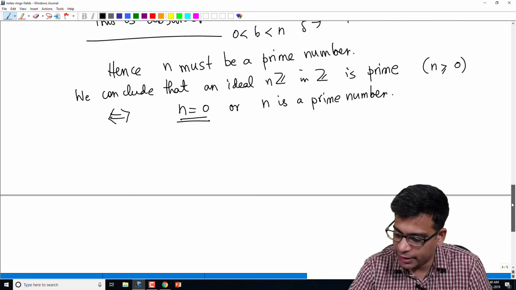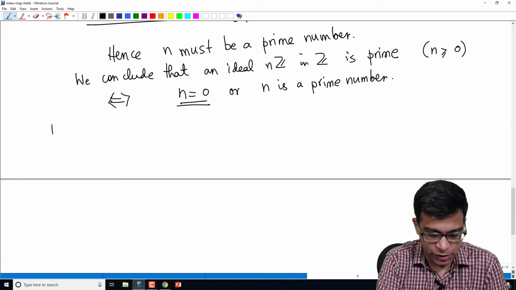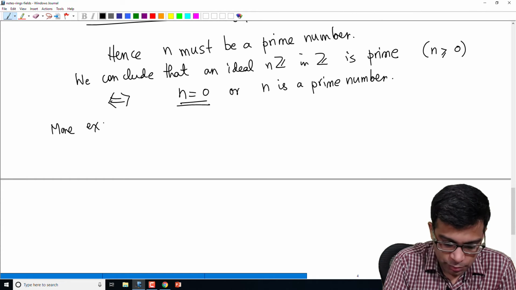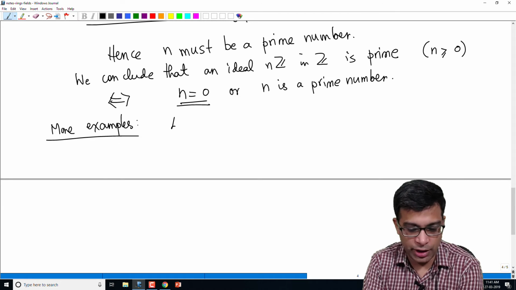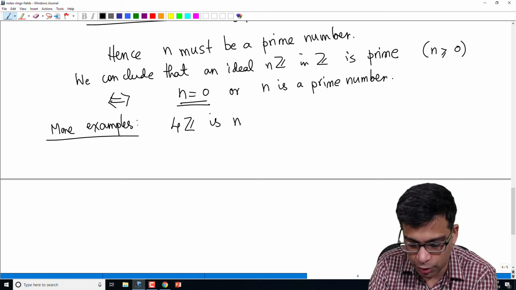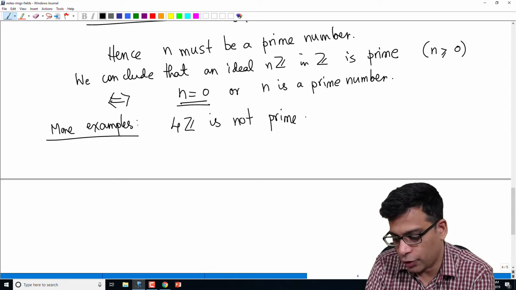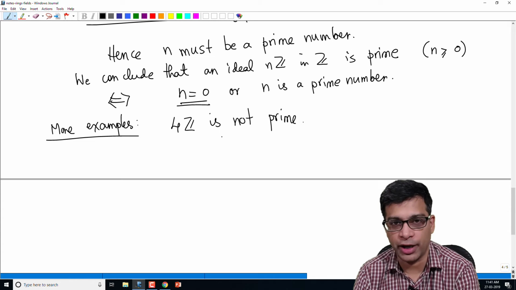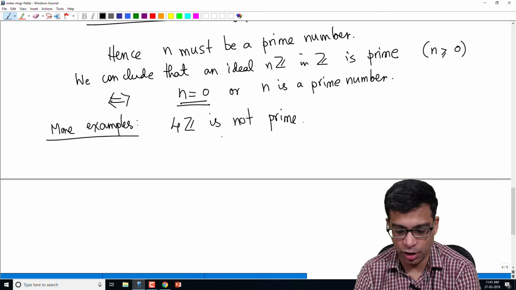Now that we understand which ideals in Z are prime, let's look at more examples. Just to illustrate what we have just done, we know that 4Z is not a prime ideal. From now on I am going to use this language: I will just say an ideal is prime or an ideal is not prime. I really mean that it's a prime ideal or not a prime ideal.